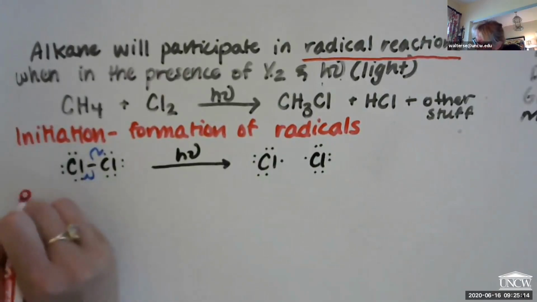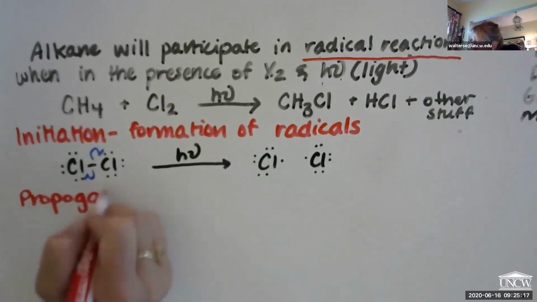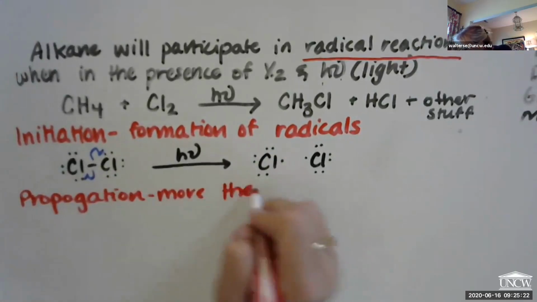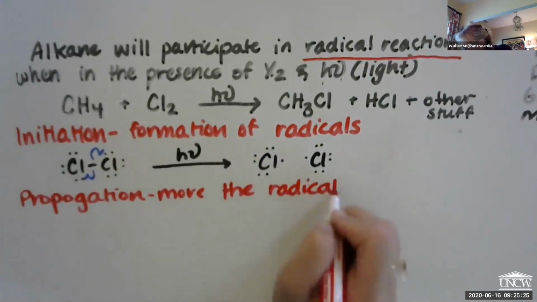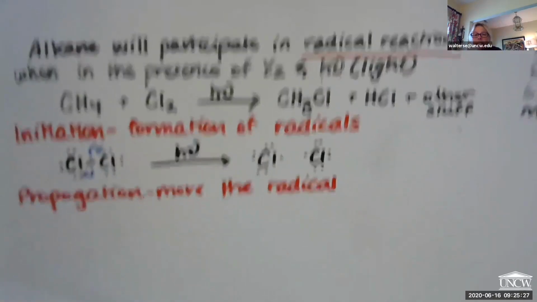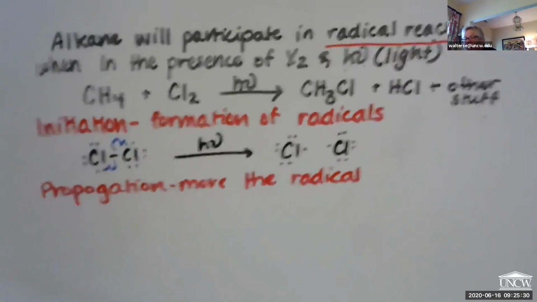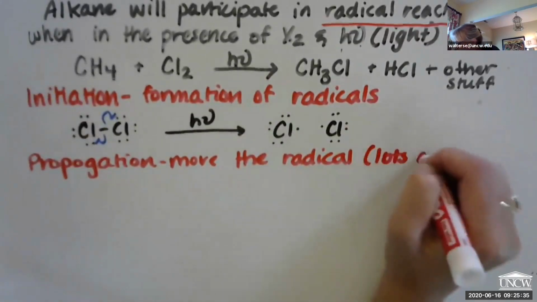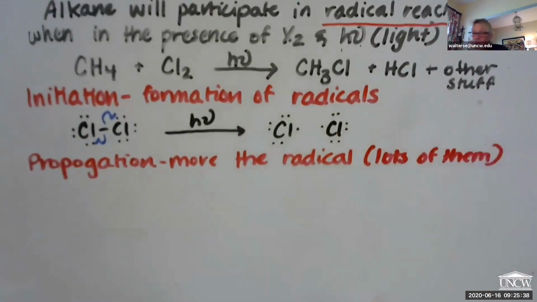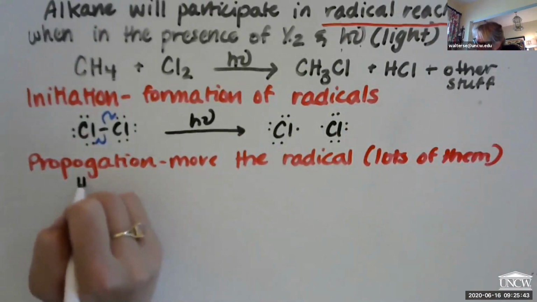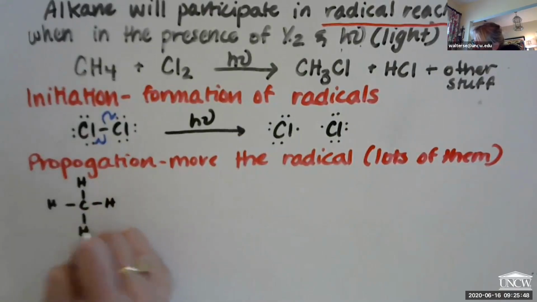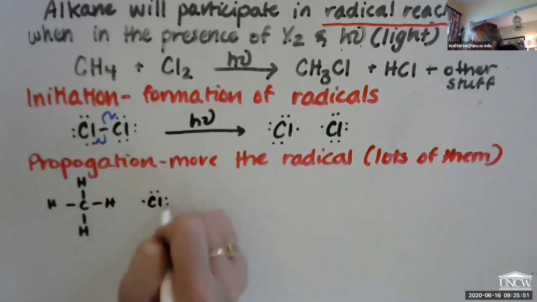Now in propagation, we just have to move the radical. When you consider these propagation steps, there's lots of them. This is where you lose control of your reaction. So, for example, you could have methane, and it sees a chlorine radical.